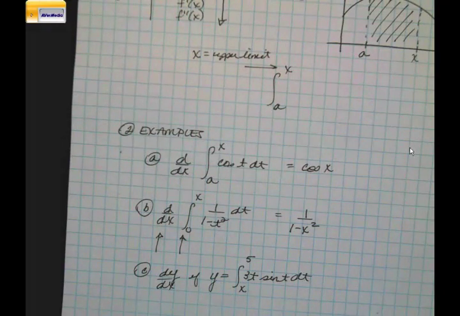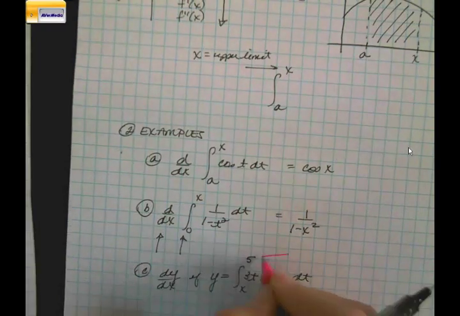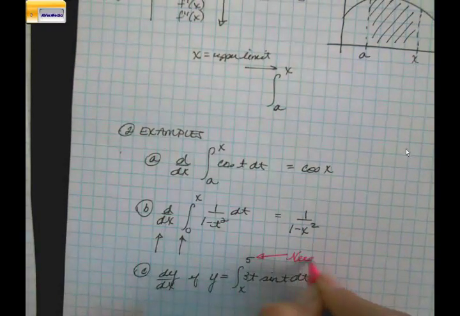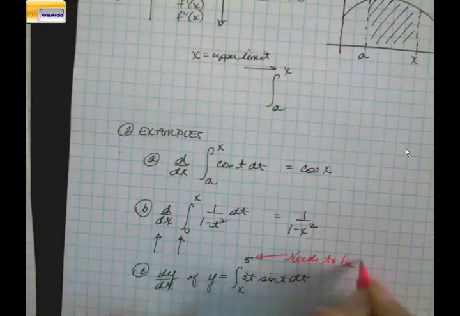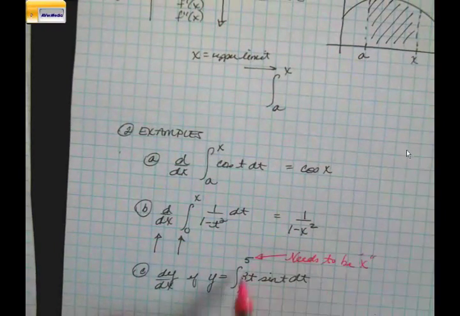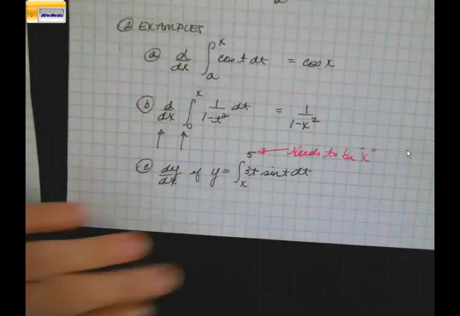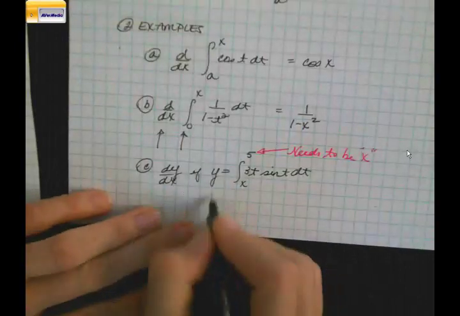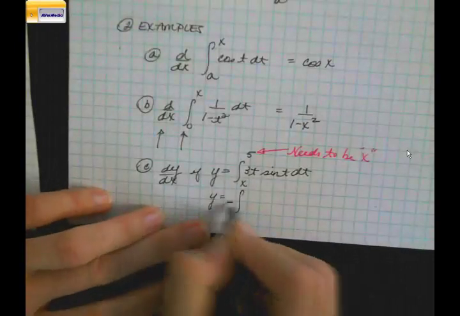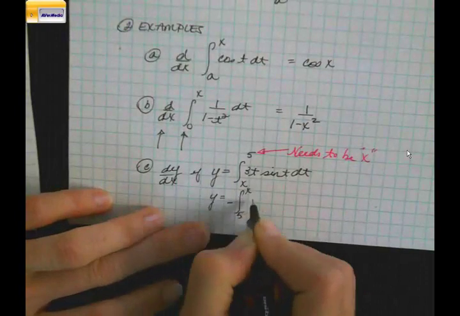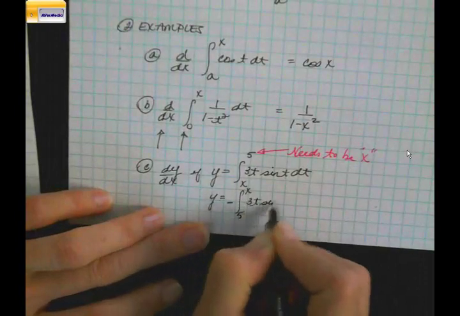That's not good. This upper limit right here needs to be x. And to make it negative, you reverse your upper and lower limit. So if you reverse these, then your original function is the negative of the integral from 5 to x of 3t sine t dt.